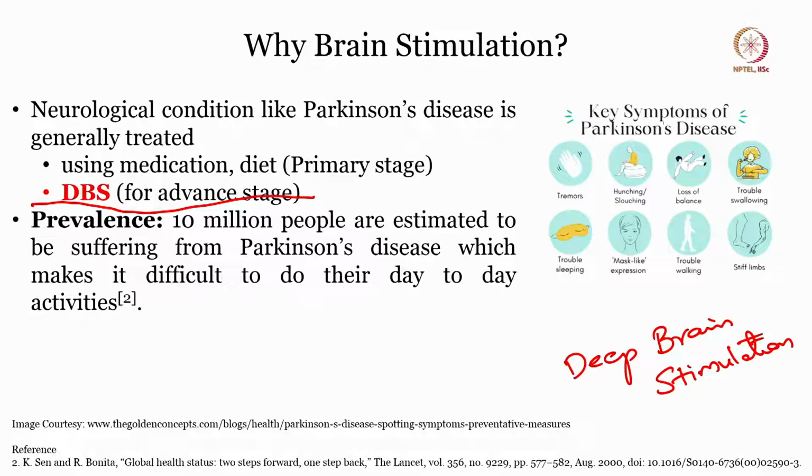So, that is why it is a big research topic right now. If you look at the numbers on the slide, almost 10 million people are estimated to be affected, and we do not know how many others there are, and these are the general symptoms of Parkinson disease.